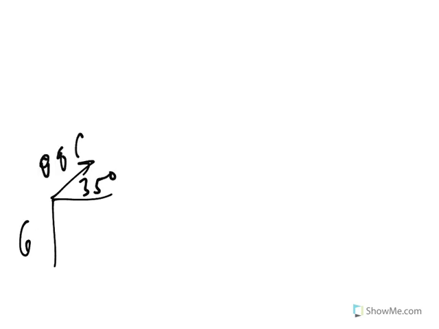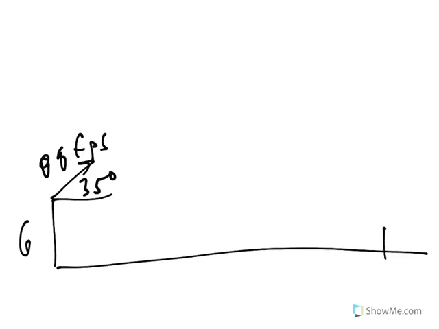Like, suppose I know my initial height is 6, and I'm firing this projectile at an angle of 35 degrees with an initial velocity of 88 feet per second. And I want to know where it is going to land.